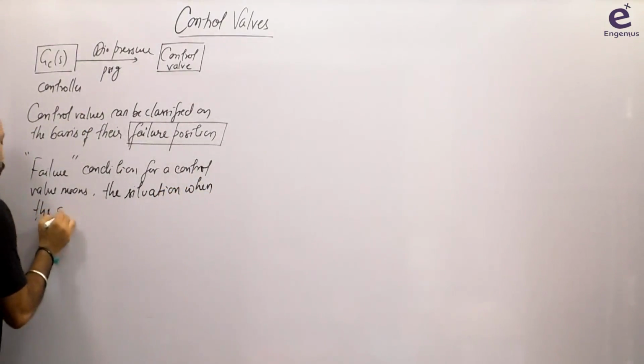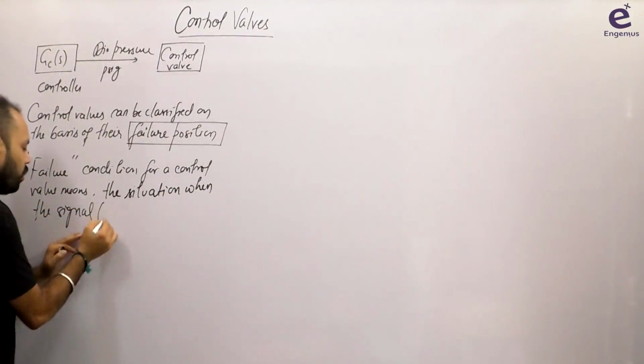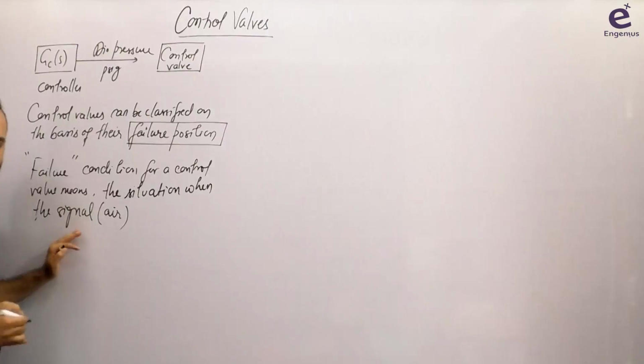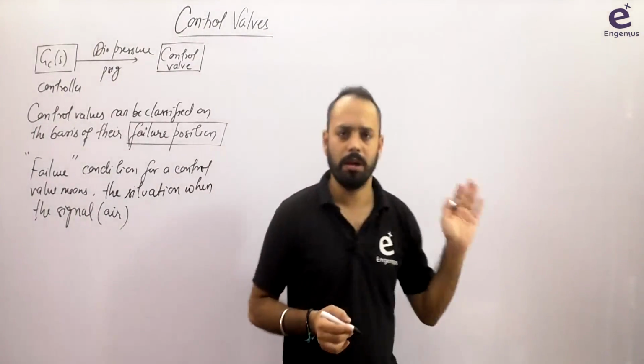When we say air, consider this as signal. Many times I will say the word air. What does the word air mean? The air pressure which is coming from the controller.